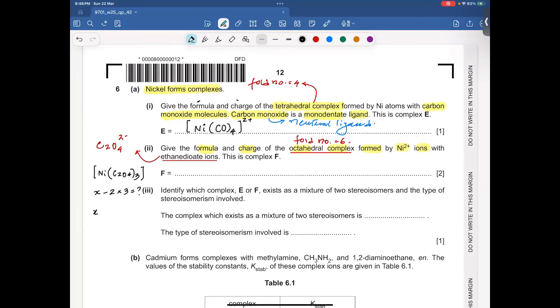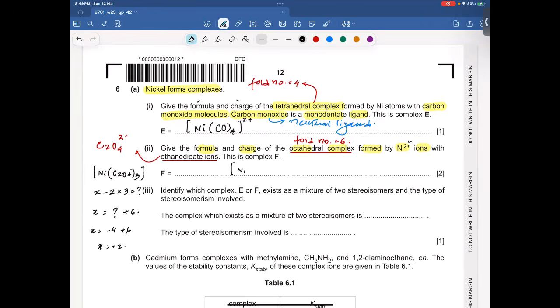Now X equals this much plus 6. Now nickel has an oxidation state of 2 plus. So to get the 2 plus oxidation state, the charge needs to be -4, so that I'll get the +2 oxidation state of nickel 2 ion. Okay, so the charge has to be -4.